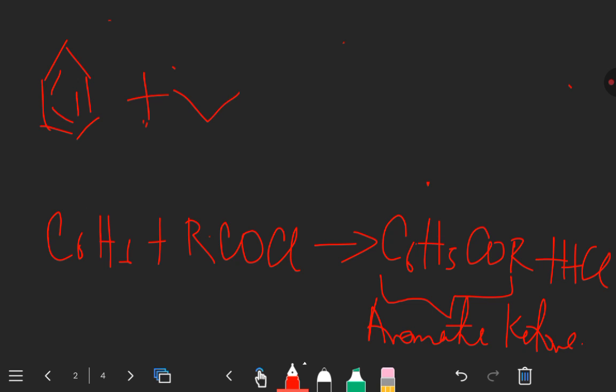This is an alkyl group bonded to this carbonyl group, and this carbonyl group is bonded to a certain halogen.